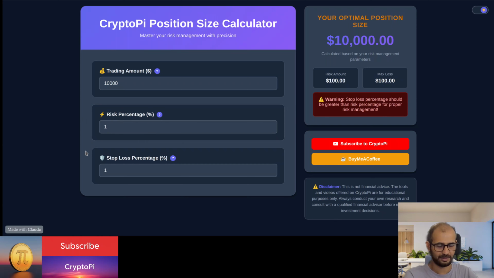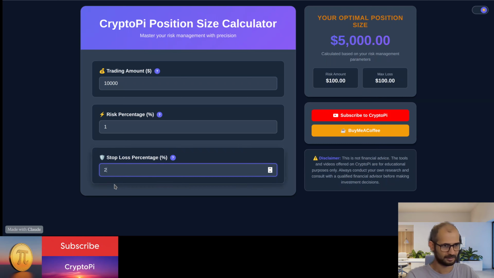And if one is not a professional trader who has quite some experience with leverage trading, then this can get quite complicated, and one might completely lose everything in their portfolio. So this tool will always give you a warning that the stop loss percentage should be greater than the risk percentage. And if someone wants to modify it for using leverage, then feel free to do so. Use this tool, check out the equations in the previous video, and adapt it for leverage.